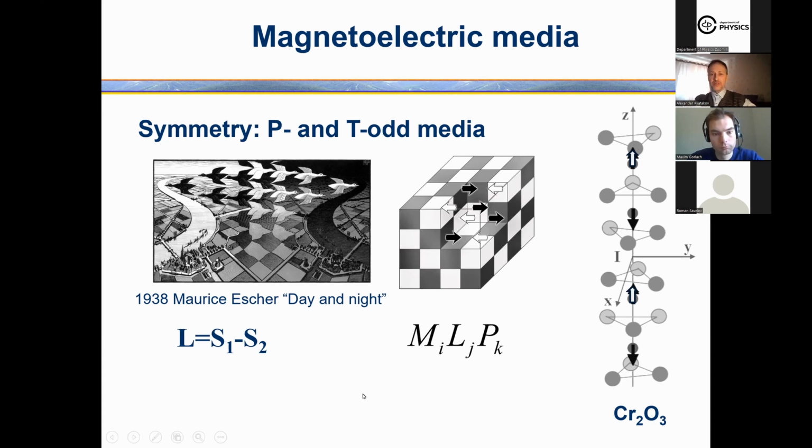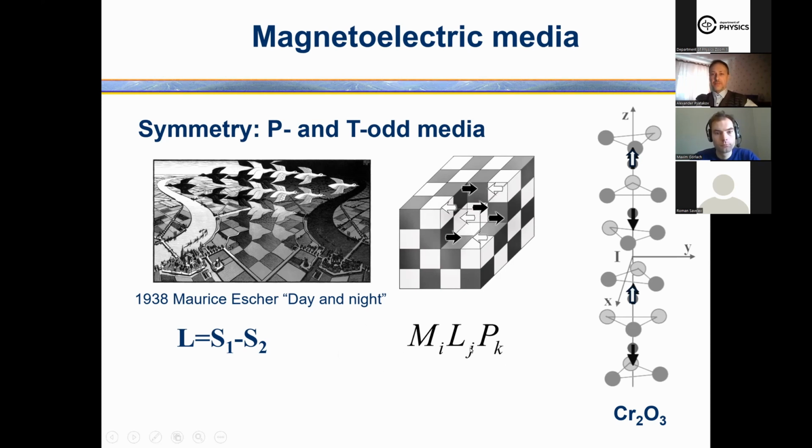So it is a PT odd vector, and it can be like a mediator between magnetic vectors and electric vectors, and this combination will be invariant. So they can represent some term in the thermodynamical potential. It can be the special energy, the magnetoelectric energy.